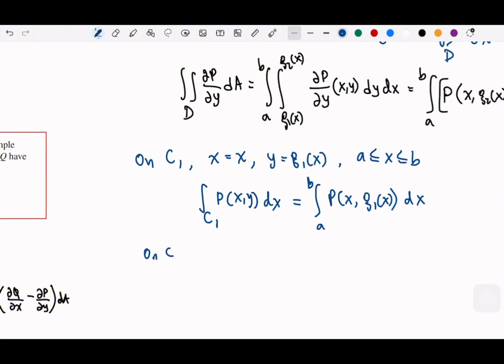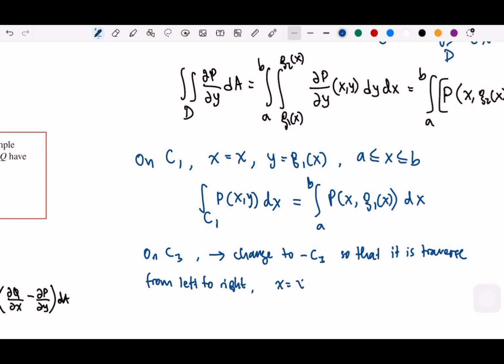On C3, we could change to negative C3 so that it is traversed from left to right.